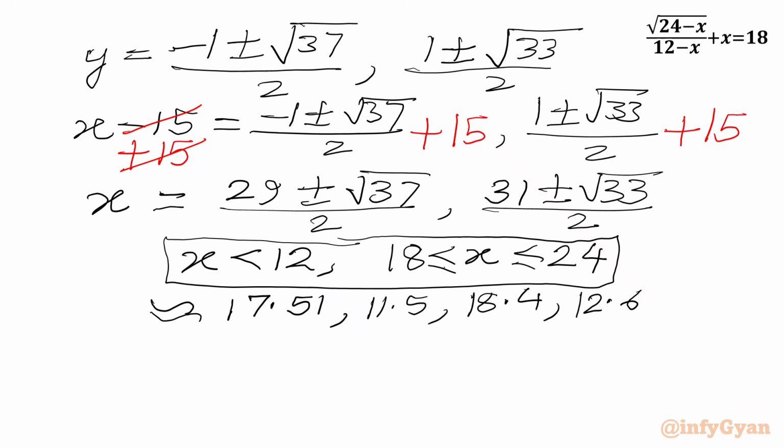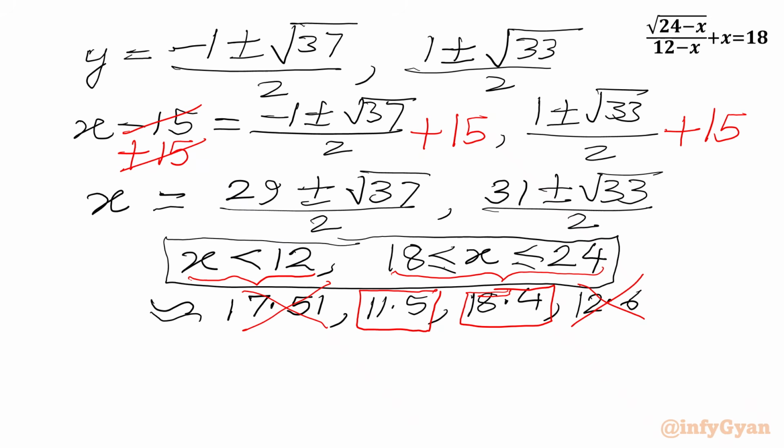Now as per our domain, we are going to accept 11.5 and we are going to accept 18.4. 11.5 is less than 12. 18.4 is in this interval. But the remaining two values are in between 12 and 18.